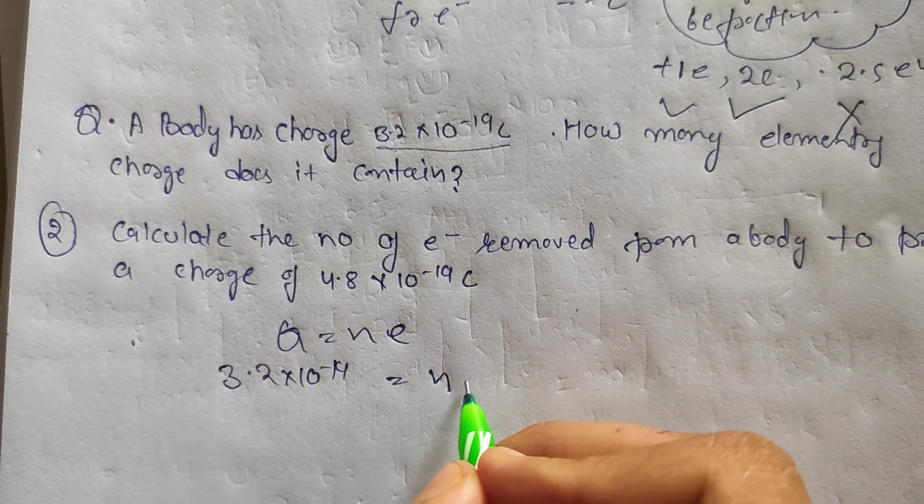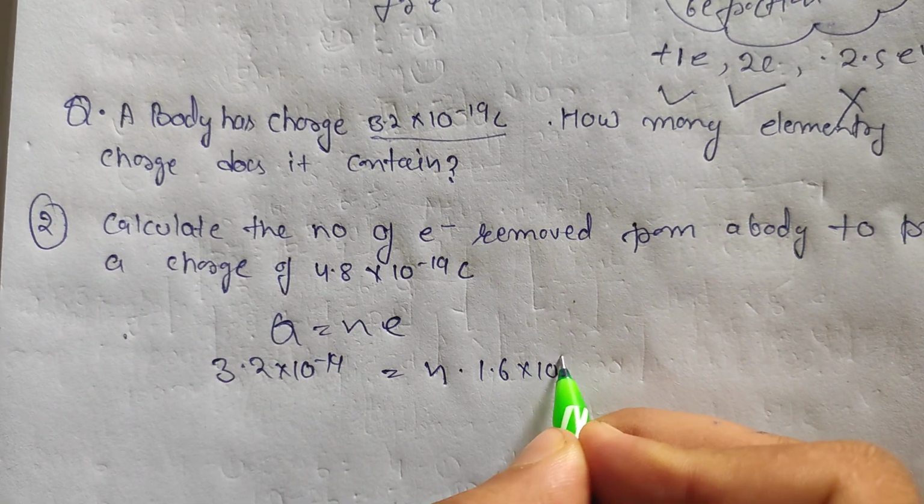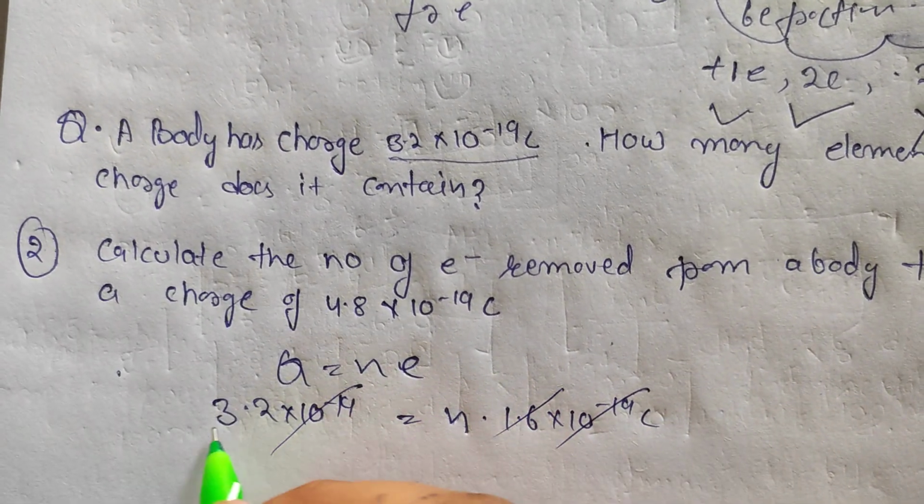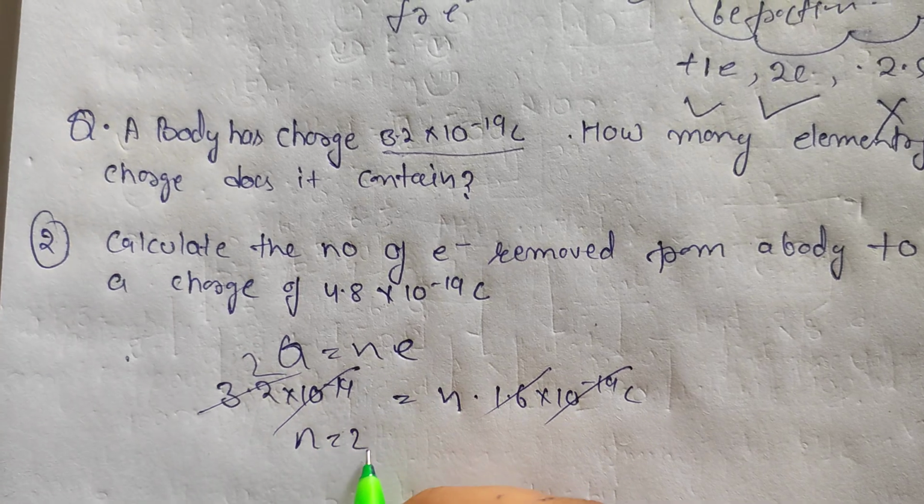And e is 1.6 × 10^-19 coulomb. Solving, the powers of ten cancel, and 3.2 divided by 1.6 is 2, so n becomes 2.